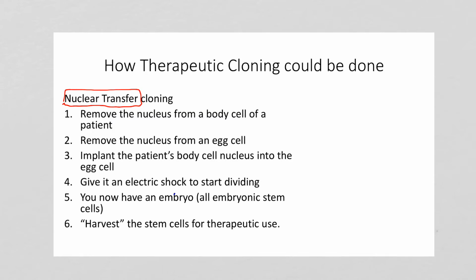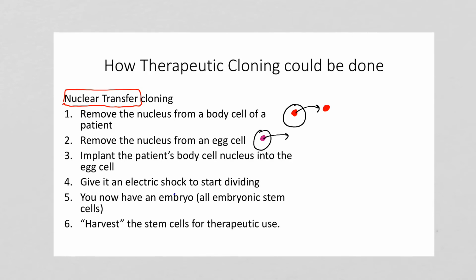So what would we do? We would take a body cell from the patient, so anything other than a sex cell. There's my cell. I've got the nucleus in there, and I'm going to remove the nucleus from the cell. So I've got my nucleus here, and now I have an empty cell. I get rid of that empty cell. I'm then going to take an egg cell, and I'm going to take the nucleus from that egg cell, and I'm going to remove it.